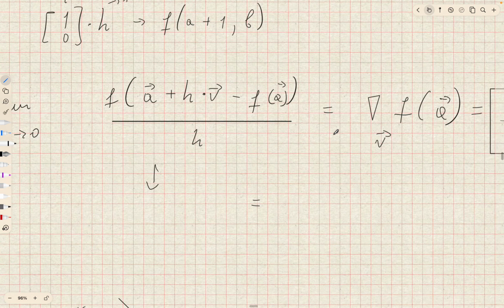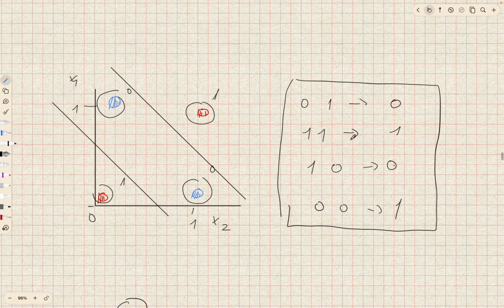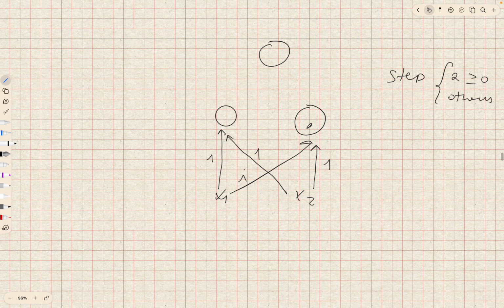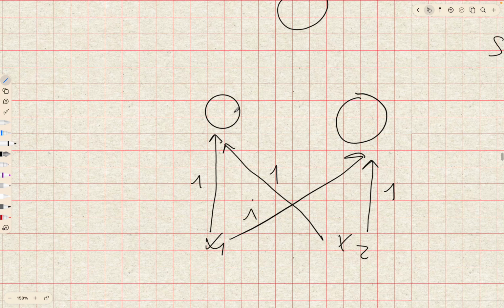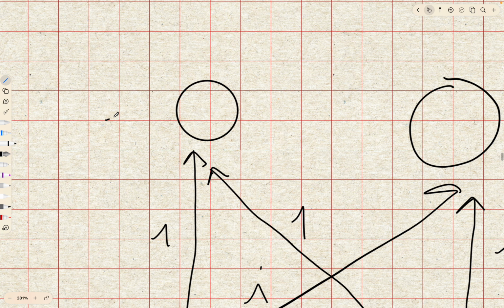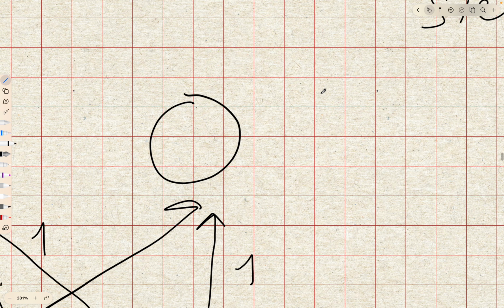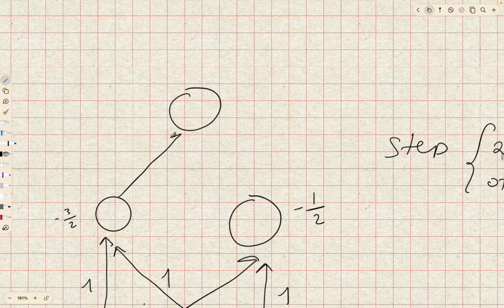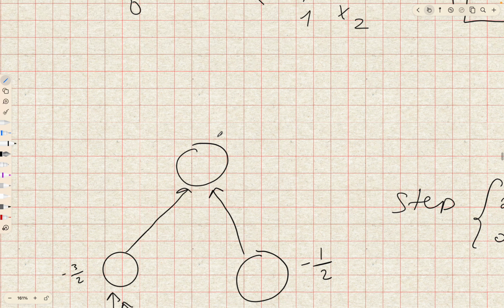We are going to try to have a model that correctly classifies these x1 and x2, and let's say our b parameter for this neuron is minus 3 divided by 2, and for this one we have minus 1 over 2. And then we have the other perceptron that has a parameter of minus 1 over 2.